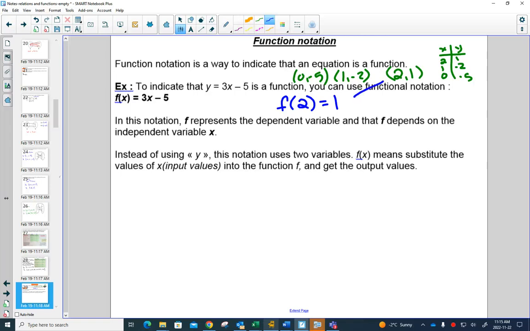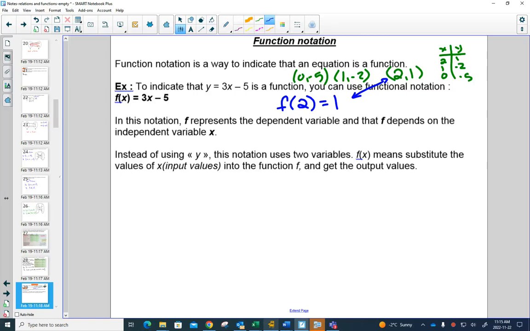Can you see that this is the same as that? Where the x was, I have a 2, and I say it's equal to 1, and this whole thing is the y coordinate. The nice thing about function notation is that it allows you to be specific, like f of 2 is the y coordinate when x is 2.